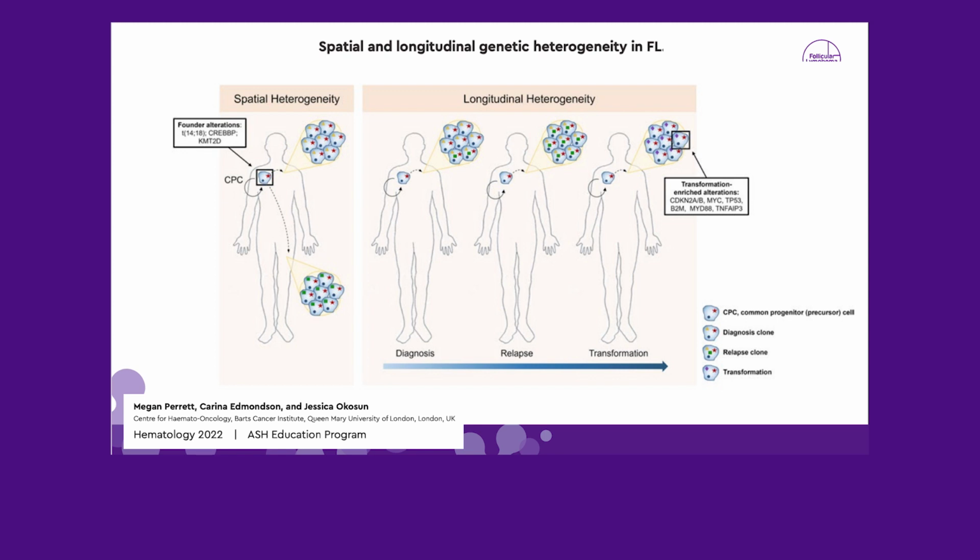The progression of disease can be transformed or non-transformed. The non-transformed just relapses of follicular lymphoma with the same pathology. Again, there are common mutations, but also acquisition of private mutations.